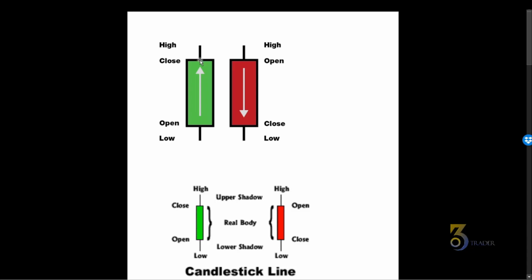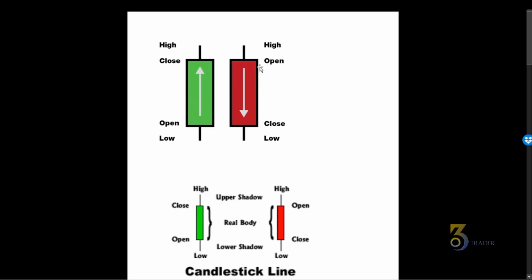However, it came back down, and by the time the hour was up, it closed here. So the entire portion represents the total range for that time frame. And in this case, we're talking about an hour. We're pretending that this represents an hour. So this is the total range for that time frame. And the body represents the distance between open and close.